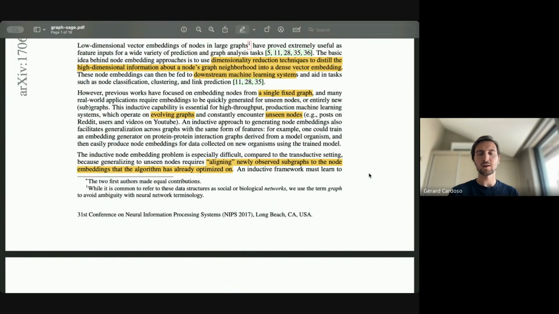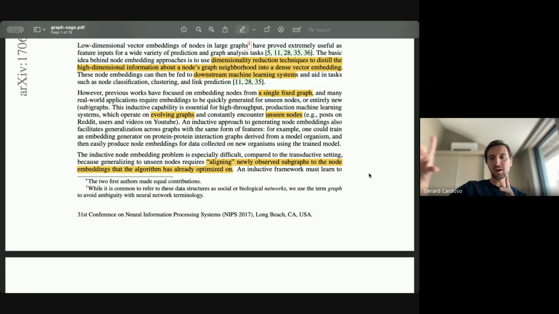Basically, let's say you have a graph, you would have some kind of algorithm, they compare a few here, which allows you to learn embeddings for each of the nodes by walking through the graph and using some kind of gradient descent to make nodes nearer to each other have more similar embeddings, and nodes further away from each other have different embeddings. And you can use that to do downstream classification or different types of tasks.